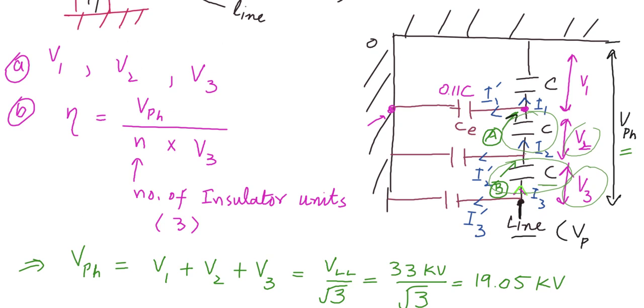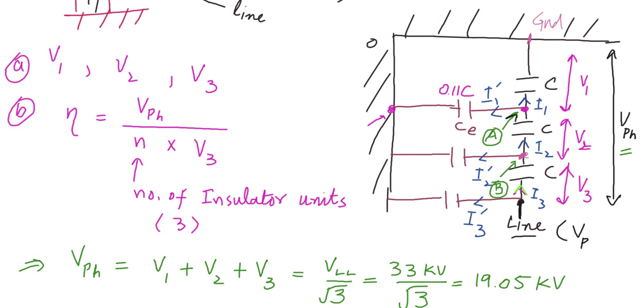Now I2 bar is this current which flows through this branch, which flows through this capacitance. Now how much is the voltage across this one? That's a little bit tricky to find out. You can see this node here, which is my node B, the voltage between this node and ground, this is my ground, and the potential at this node is 0.